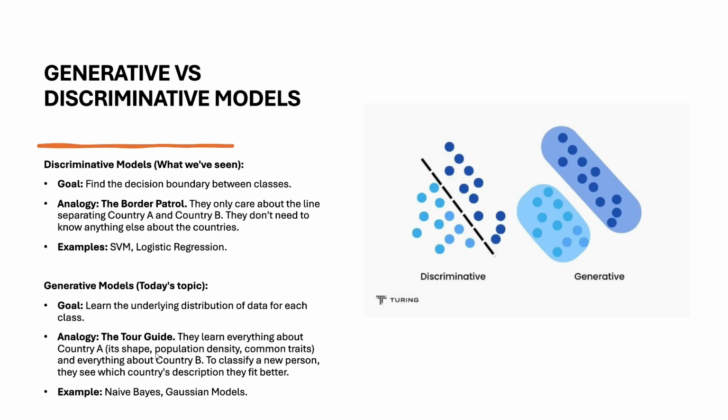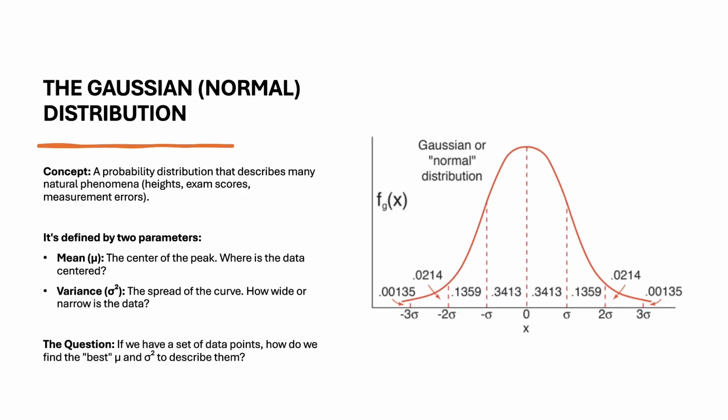Either it can be the shape or the population density or any common traits. For this, we have the naive-Bayes algorithm and the Gaussian models, which are very popular generative models.